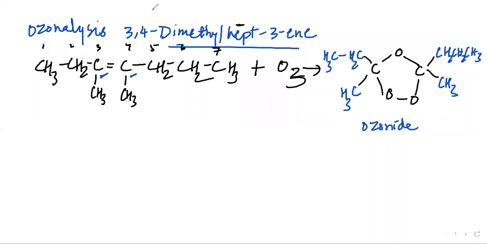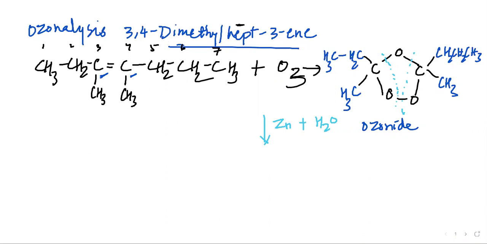This ozonide undergoes cleavage in this form. And you can expect the double bond over here. So finally what you get, my dear students, is this: you have Zn plus H2O.